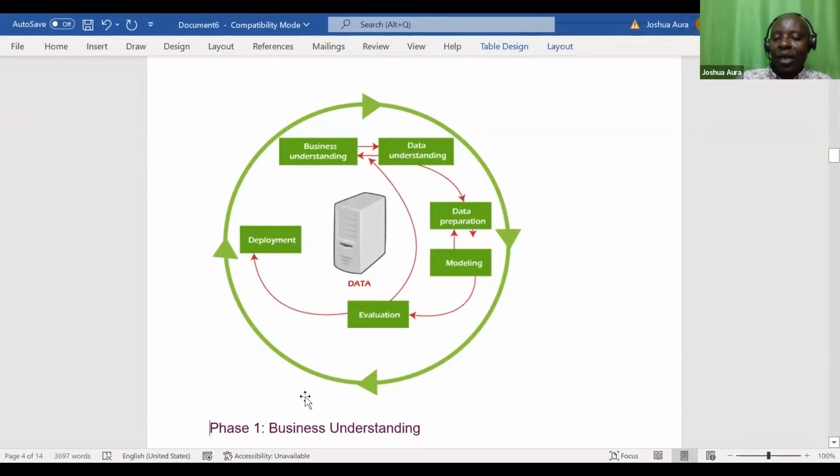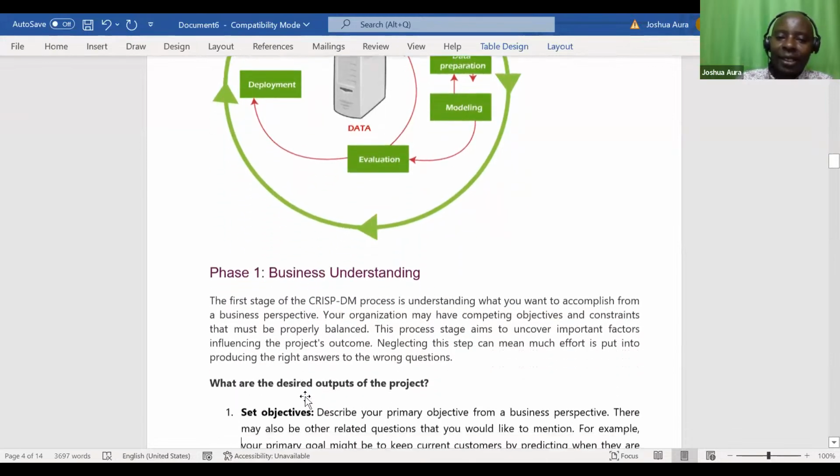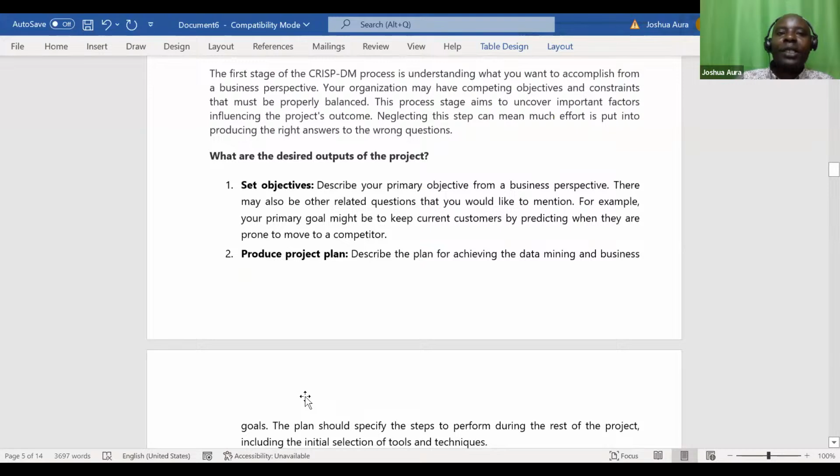Now phase number 1 is about business understanding. The first stage of the CRISP-DM process is understanding what you want to accomplish from a business perspective. Your organization may have competing objectives and constraints that must be properly balanced.